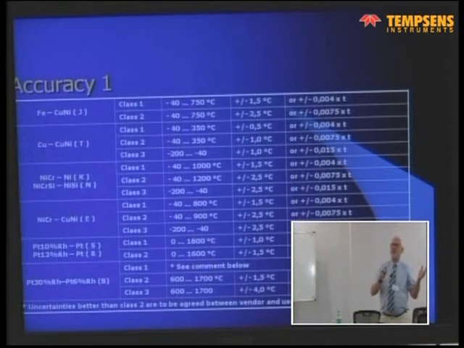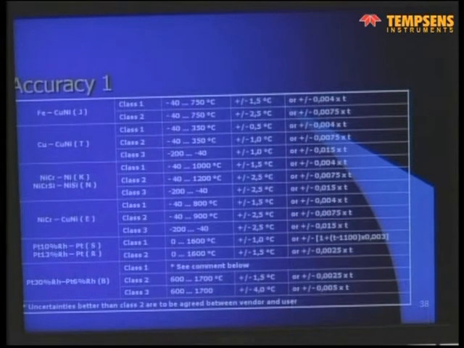So this means whatever is bigger: plus minus 1.5 degrees, for example class 1 for a thermocouple type K, or 0.004 times temperature, the absolute value of temperature in degrees centigrade, whichever is bigger. So if you divide 1.5 by 0.004, then the result is 375.